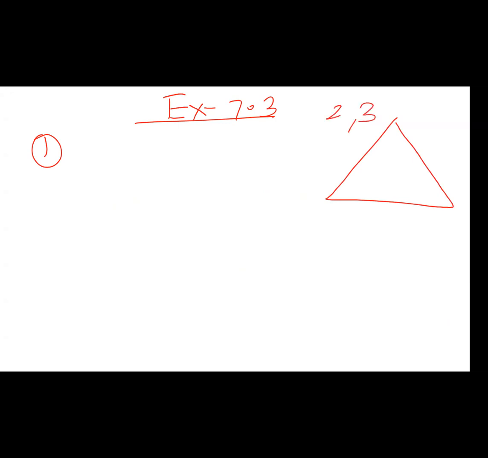Based on these 3 concepts, exercise 7.3 is there. First question, find the area of a triangle whose vertices are 2, 3, minus 1, 0, 2, and minus 4.